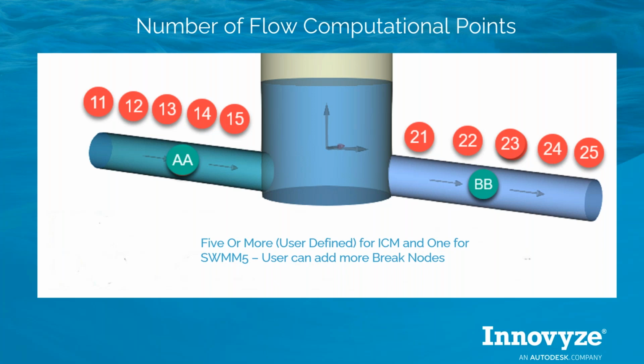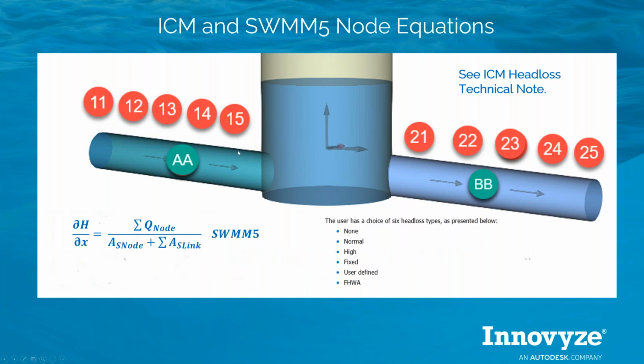When you're graphing an ICM or InfoWorks network inside of ICM, you're looking at the upstream and downstream ends and not the middle, though in ICM you can also show the middle part. Okay. More stuff about head losses, so I'll just skip over that.